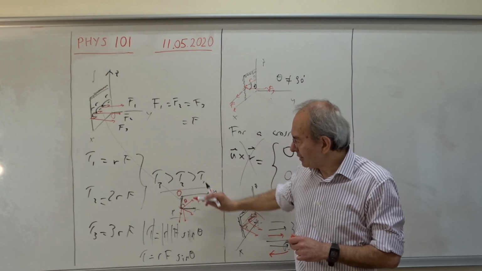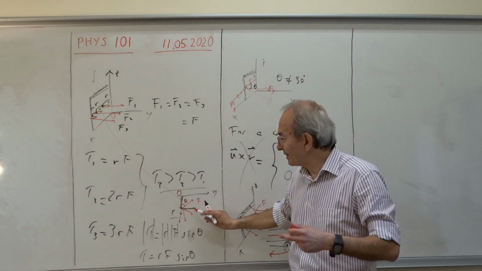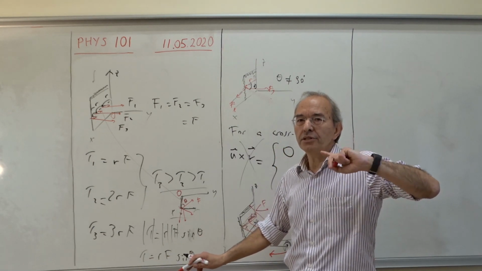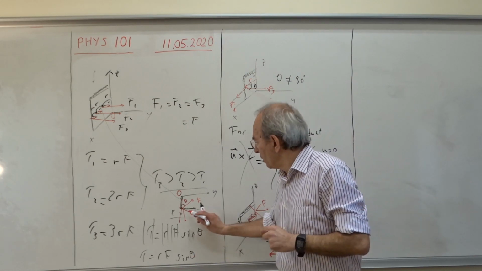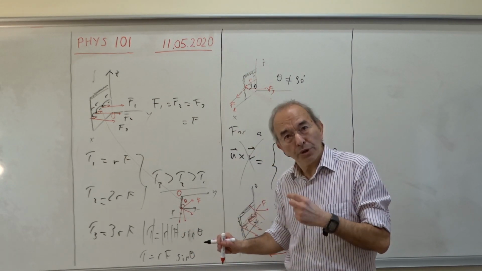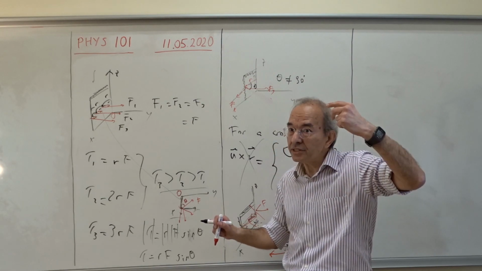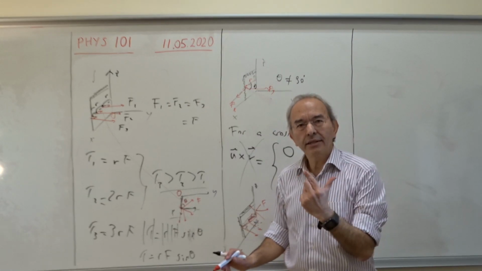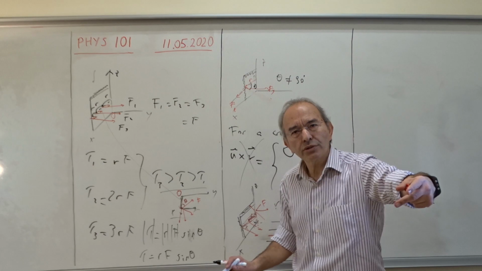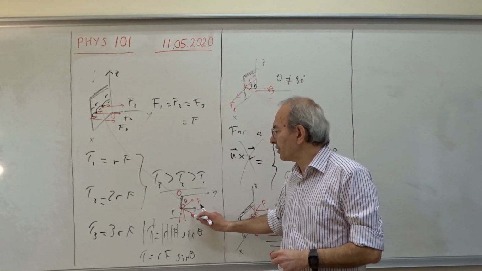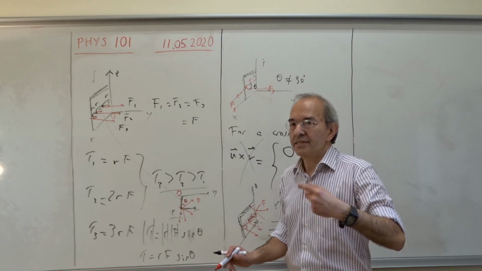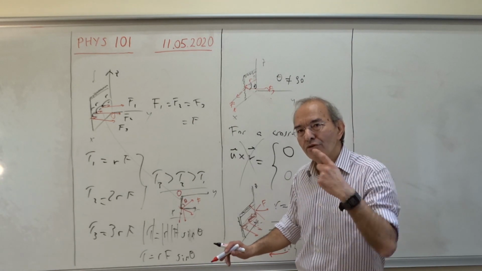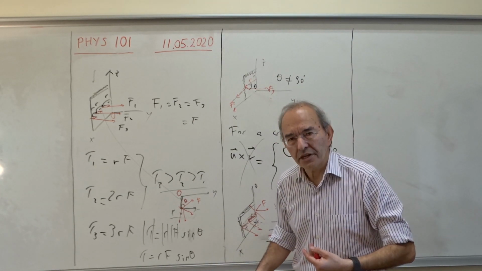If the angle theta is, let's say, 40, 50, 60, whatever degrees, less than 90, you have some torque, which still hasn't attained the maximum value. But this is the maximum possibility of the torque, because the angle is 90 degrees. Sine 90 is the greatest value of sine, which is 1. But if you exceed the right angle, 100 degrees, 120 degrees, whatever, until 180, again the torque is getting less and less. Although you apply the same force at the same radius, because of the change of the angle, your torque is decreasing.